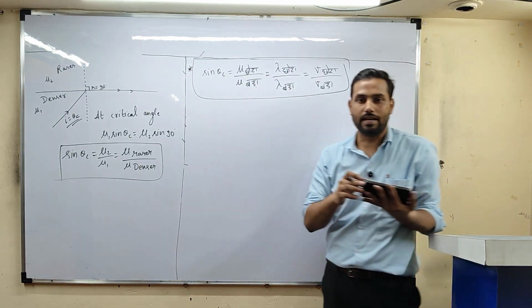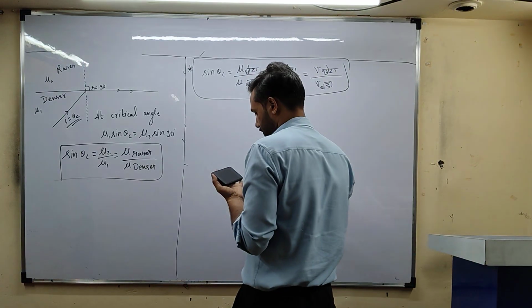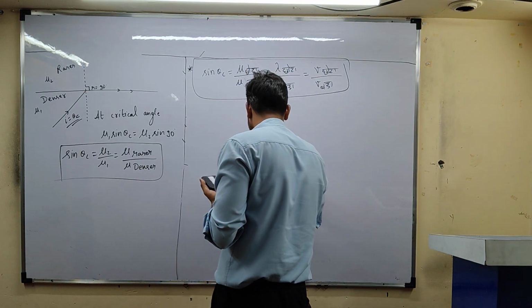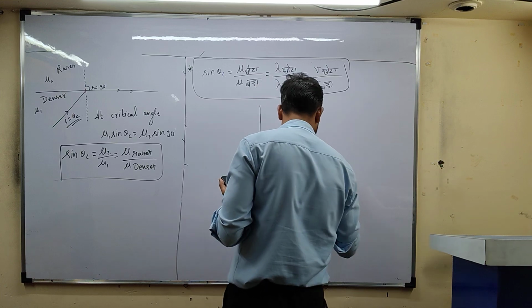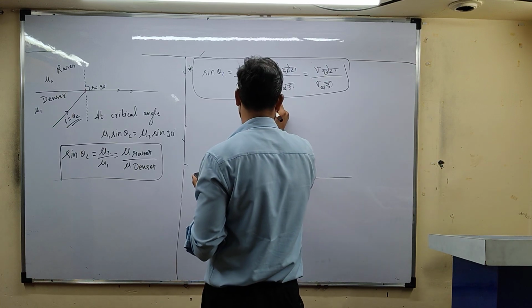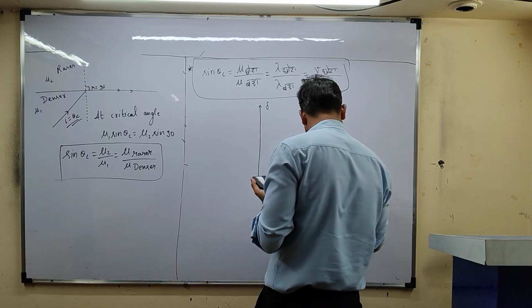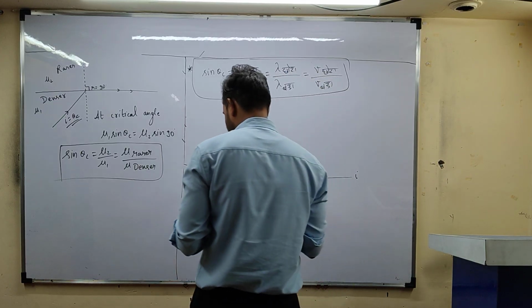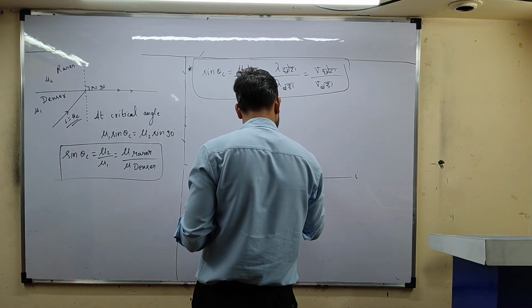Just write one beautiful graph. They might ask, okay, they might in advance, they have asked, so they can ask. Just remember the graph.